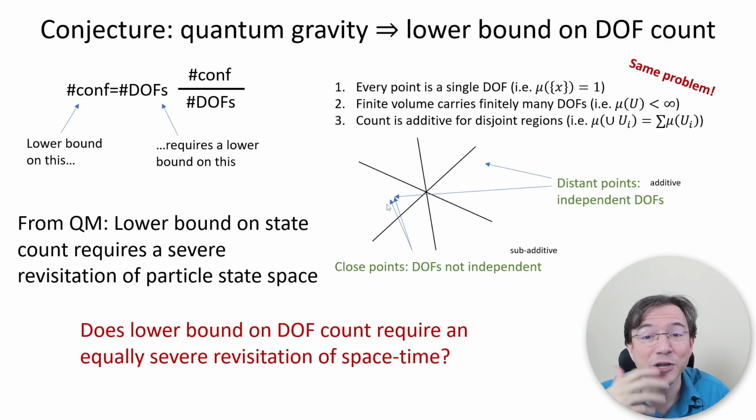If that's the idea, my point is that adding a lower bound on the state count required a severe revisitation of how you do particle mechanics. You have to go from classical mechanics to quantum mechanics, where the phase space is now severely different. You're in a projective complex space, so you have some structure that is significantly different.